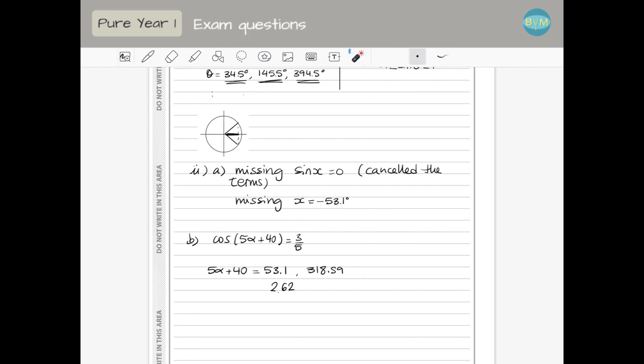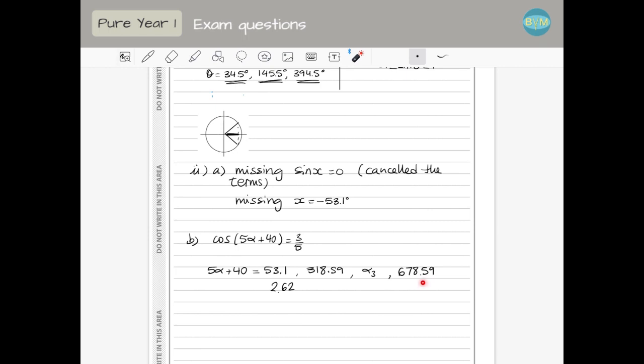Then the next one will be adding 360 to the first one, and the fourth one comes from that. So I'm adding 360 to 318.9, which gives 678.9 degrees. This is the fourth answer, not alpha 4 itself, but this angle here.